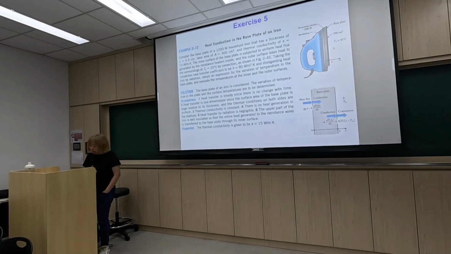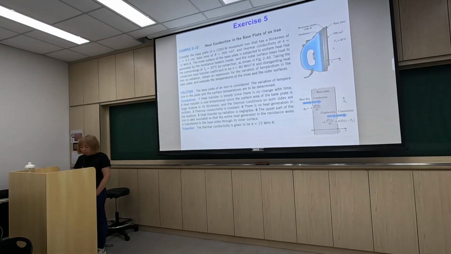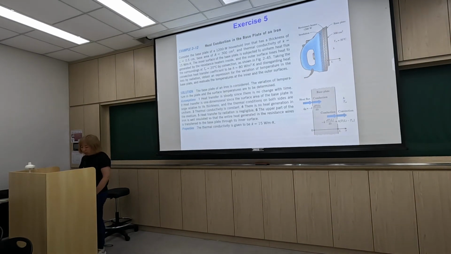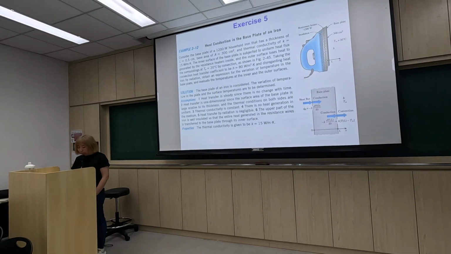We have heat conduction in the base plate of an iron. So now we consider a base plate of a 1200 watt household iron.